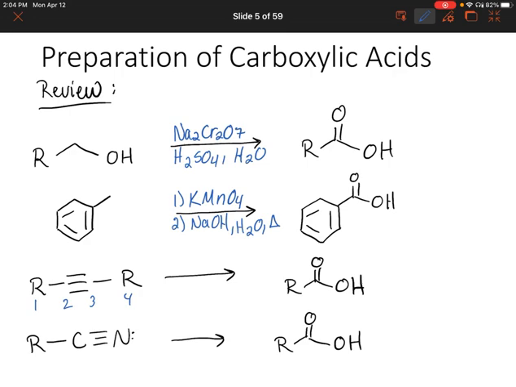I mean, the R groups could contain more carbons, but we'll just say they have one for the sake of simplicity. And our carboxylic acid has only 2. So that tells me we might be splitting this in half. How do we split a triple bond in half, so to speak? Ozone, or ozonolysis.